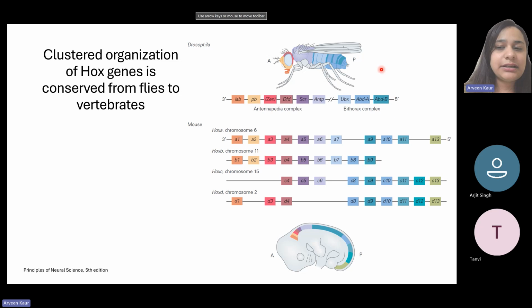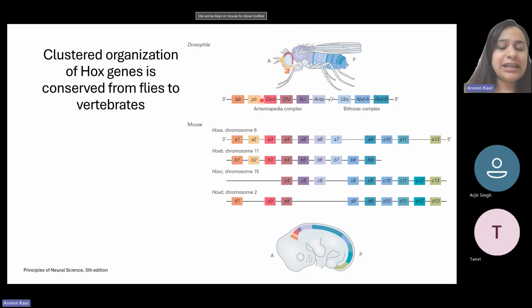Generally, Abd-B that is present in Drosophila is similar to A9, B9, C9, D9 that is present in the mouse, which is why they are given similar colors.